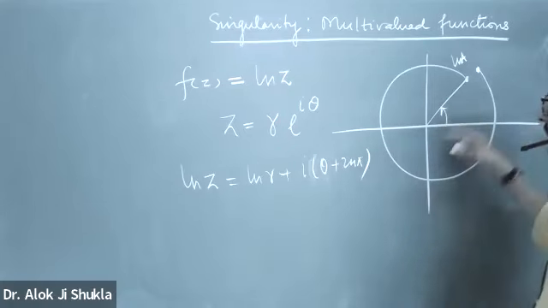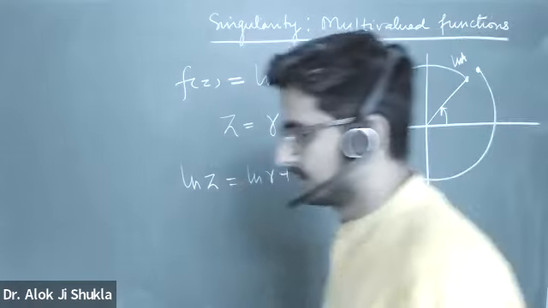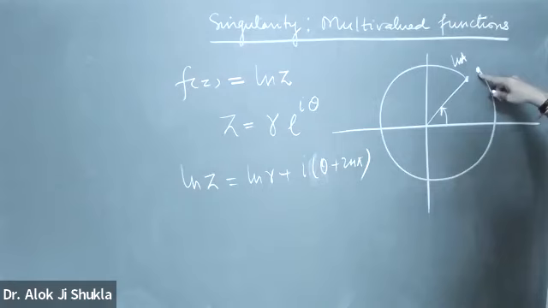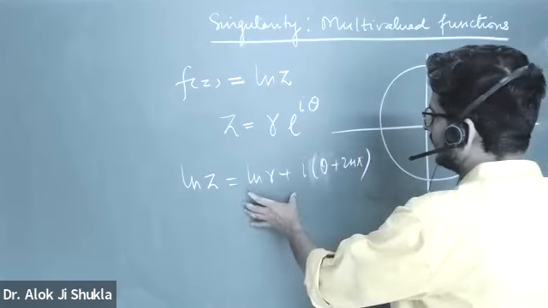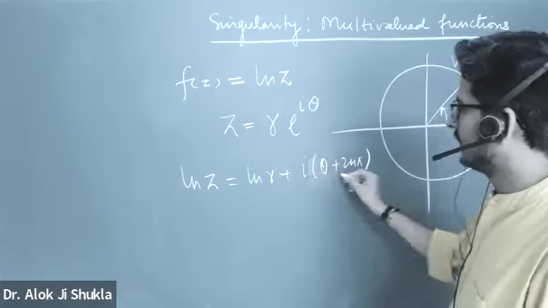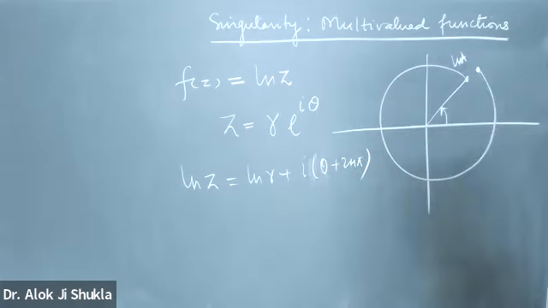By just revolving once, you end up at a different point, and the radius will increase. Why will the radius increase? Because you see here the imaginary part will increase, correct?